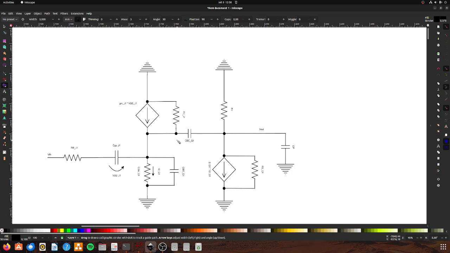Next, we have the parasitic capacitance between the connection of the source of the JFET and the collector of the NPN.